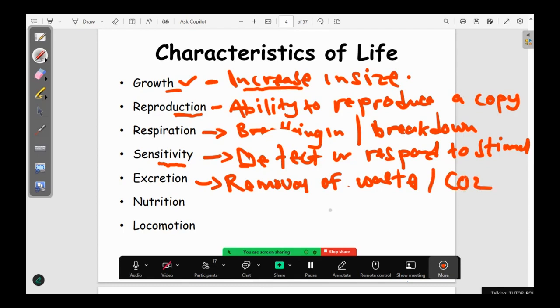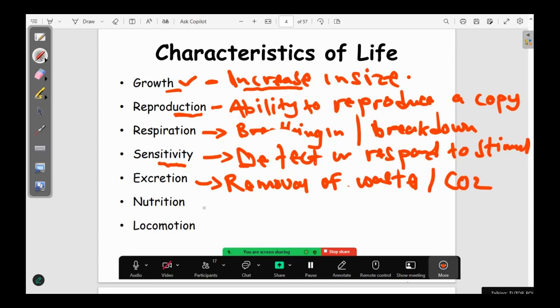Imagine a situation where someone is not able to remove the waste products. What will happen? Those waste products will accumulate inside you and then they will become toxic and they can cause health complications to your body. So excretion is a very important characteristic of life.